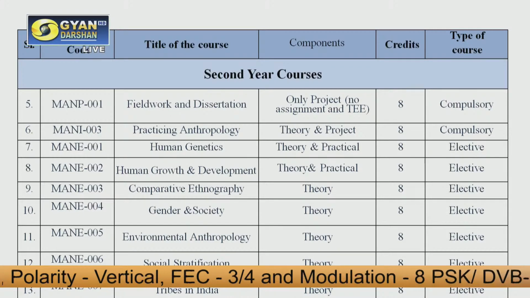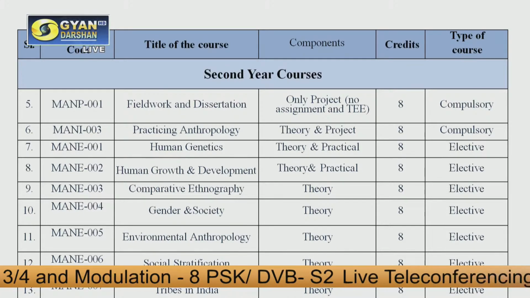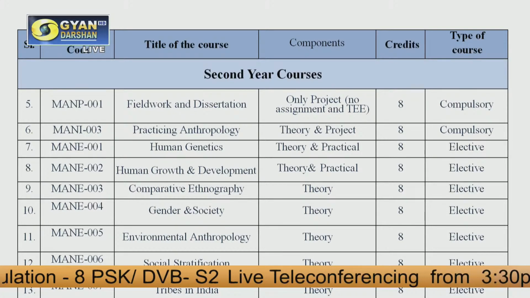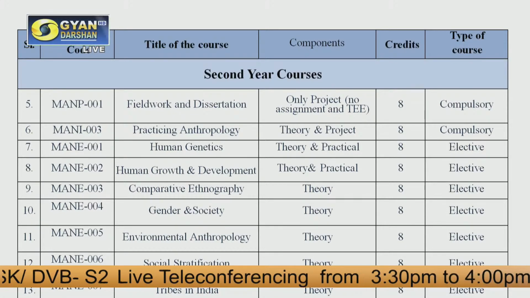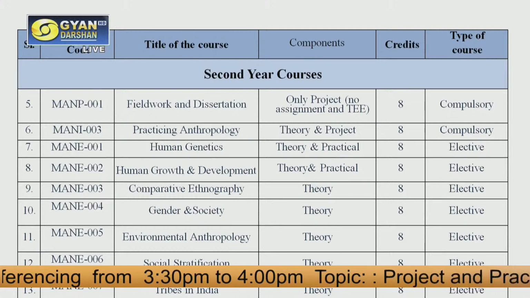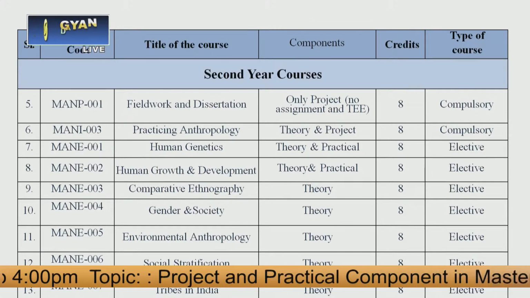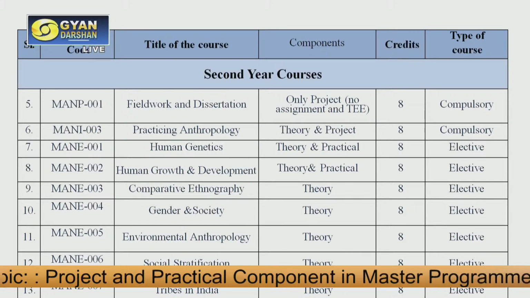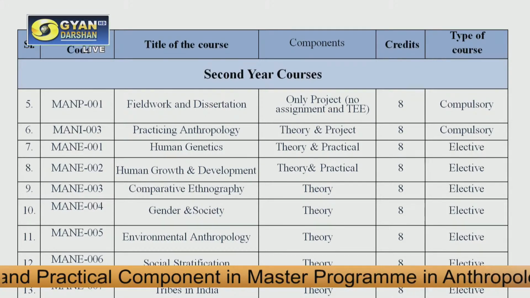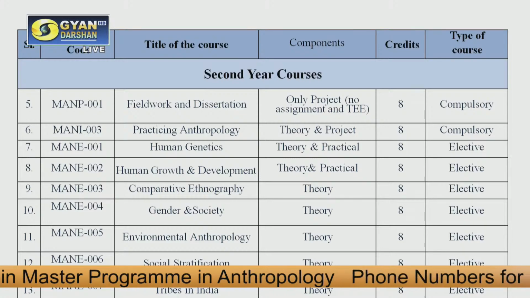The learner needs to select any of these 7 courses as electives. For example, 2 courses come under the physical anthropology domain, and the 5 courses come under the domain of social anthropology. But the student can opt for any 2 courses among the 7 courses.